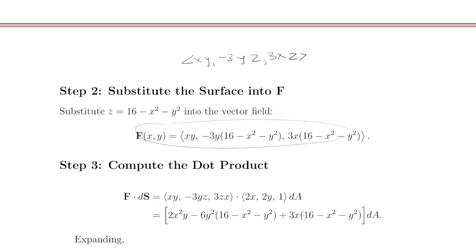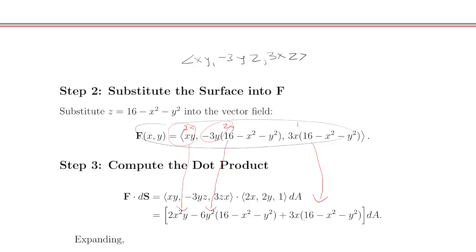Essentially, we multiply the first component with 2x, the second component with 2y, and the third component with 1. So that's going to be the same here. And then you just multiply this. Negative 3y times 2y is negative 6y squared, and I leave the parentheses the same. 2x times xy is just 2x squared y.